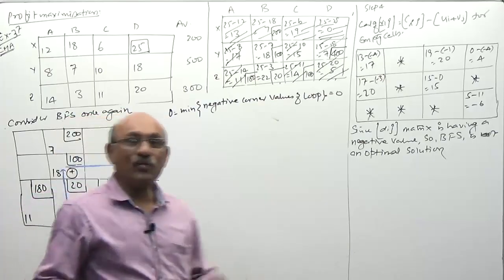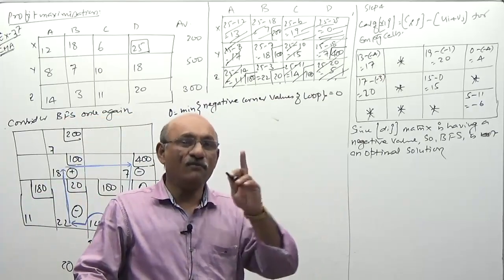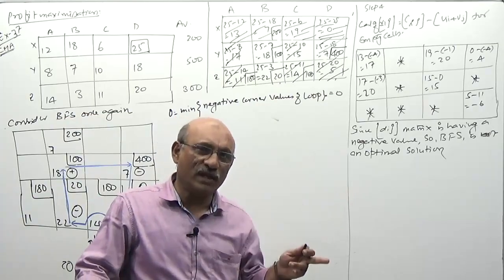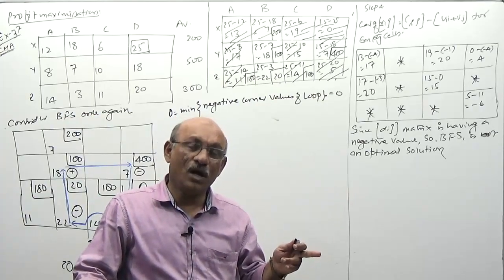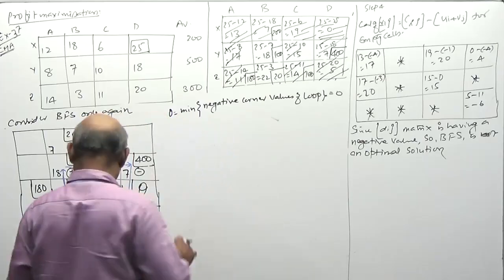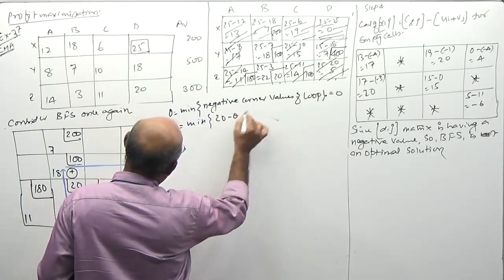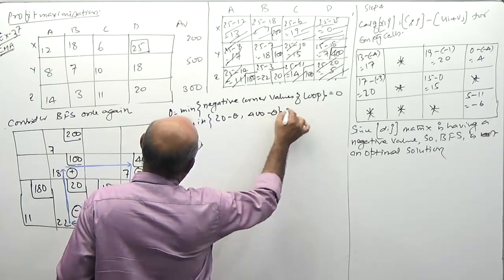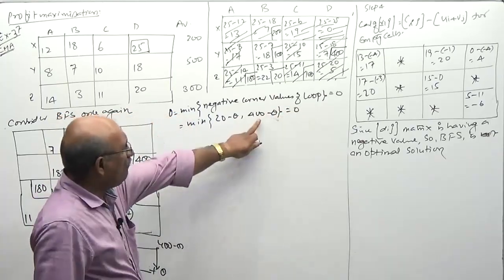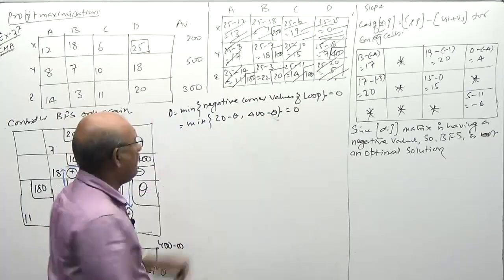Negative corners means where theta is negative, sir. Don't interpret this in any other way. Where theta is negative, only those values. And out of those also the minimum value is equated to 0. So this is the minimum of 20 minus theta, comma, 400 minus theta. This is equated to 0. 20 and 400, what is the minimum value? 20 is the minimum value.